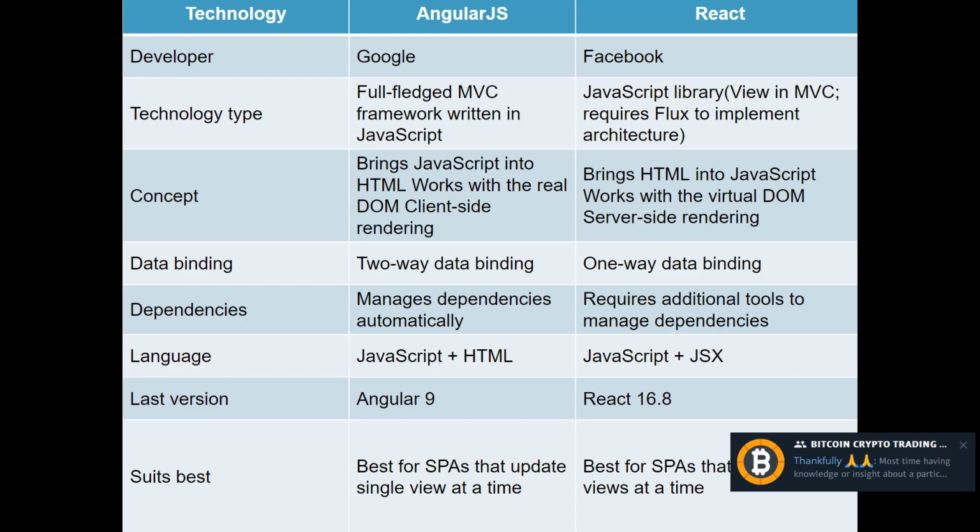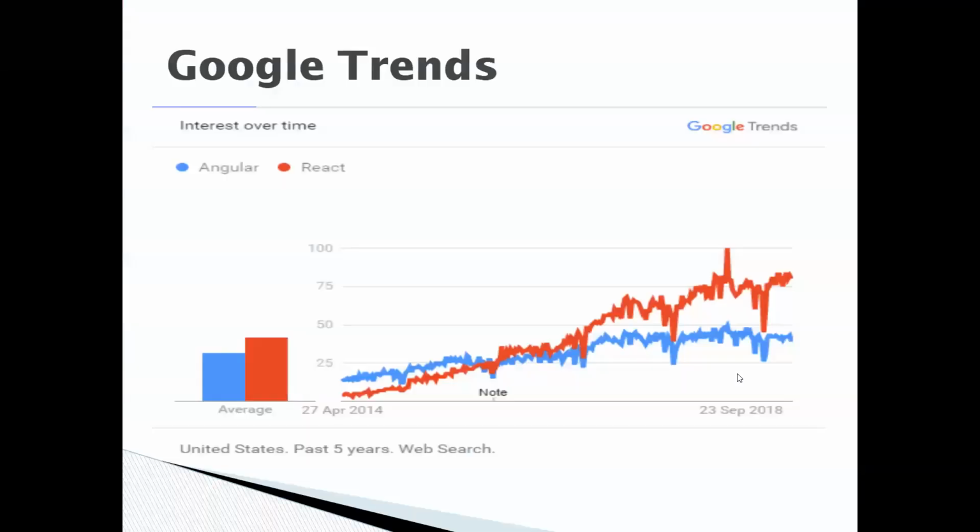It's very fast. Now let's come to the Google Trends. As we can see, from 2014 to 2018, React is slowly and steadily getting popular. Earlier, Angular was popular, but according to the Google Trends, React is getting popular day by day.